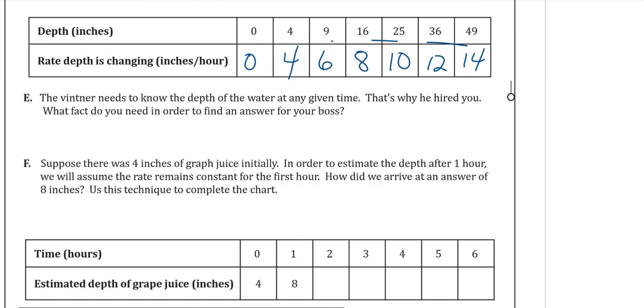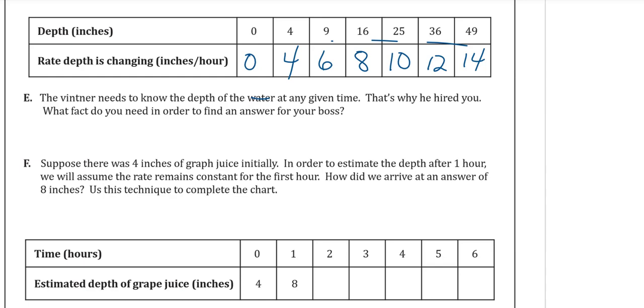Okay, so now the vintner needs to know the depth of, that should be grape juice, not water, at any given time. That's why he hired you. What fact do you need in order to find an answer for your boss? Well, what we need is an initial amount of grape juice, because we can't tell how the depth is changing if we don't know where the depth started.